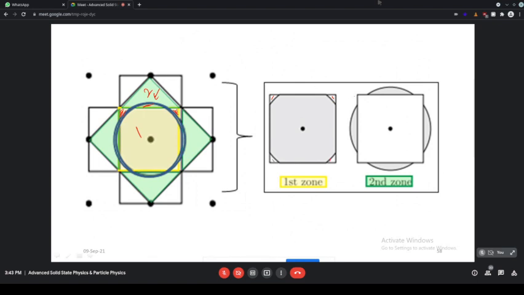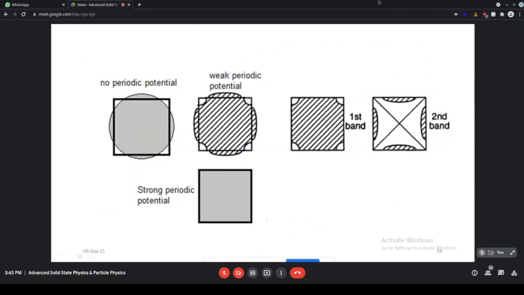And if you consider this is the first Brillouin zone boundary, and then this is the second zone, then there are electrons in the second zone and all other zones are empty. Or we can say like this, let us again check. This is the first Brillouin zone boundary, and we are considering that V is equal to 0.